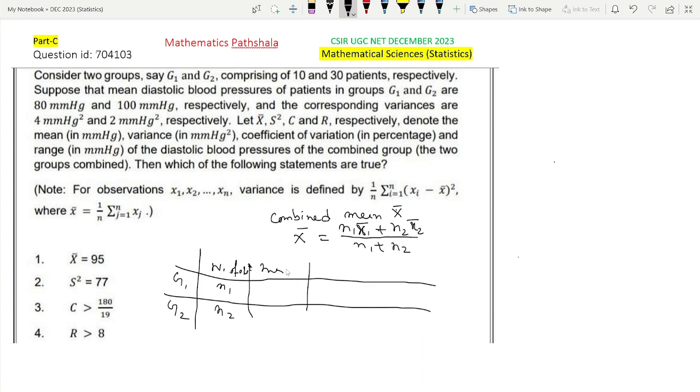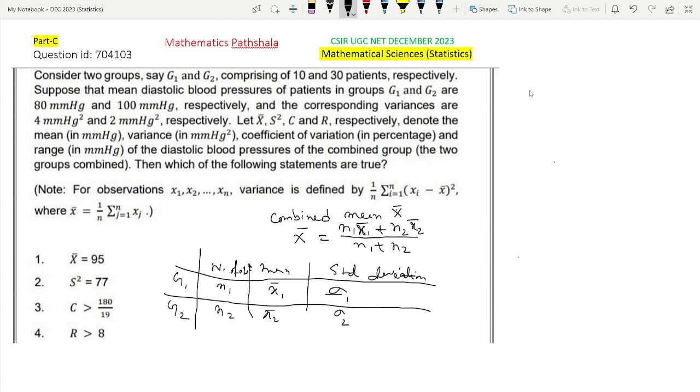Mean of group 1 is x1 bar and group 2 mean x2 bar, and standard deviation of group 1 is sigma 1 and group 2 standard deviation sigma 2. So it is clear that N1 is the number of observation of group 1. N2 is the number of observation of group 2. And x1 bar is the mean of group 1 and x2 bar is the mean of group 2.